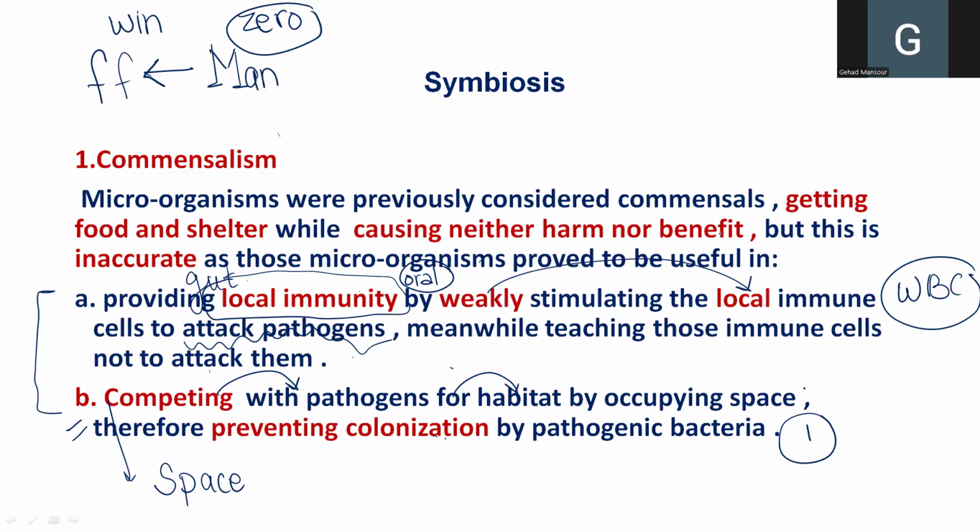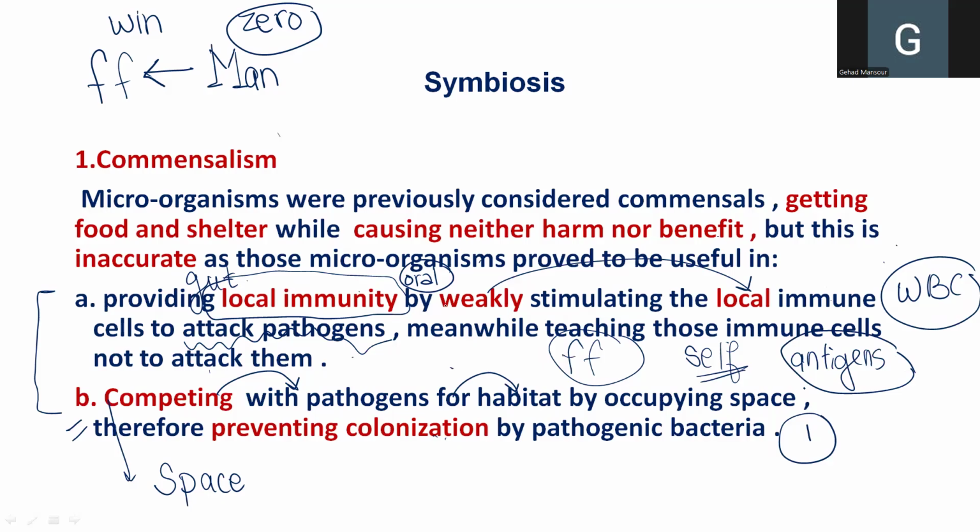Why do we say weak stimulation of the immune system? Because the friendly flora are essentially visualized by the immune system as if they were our cells, as if they were self, but they have a few antigens that differ from us, and those antigens are capable of weak stimulation of the immune system.